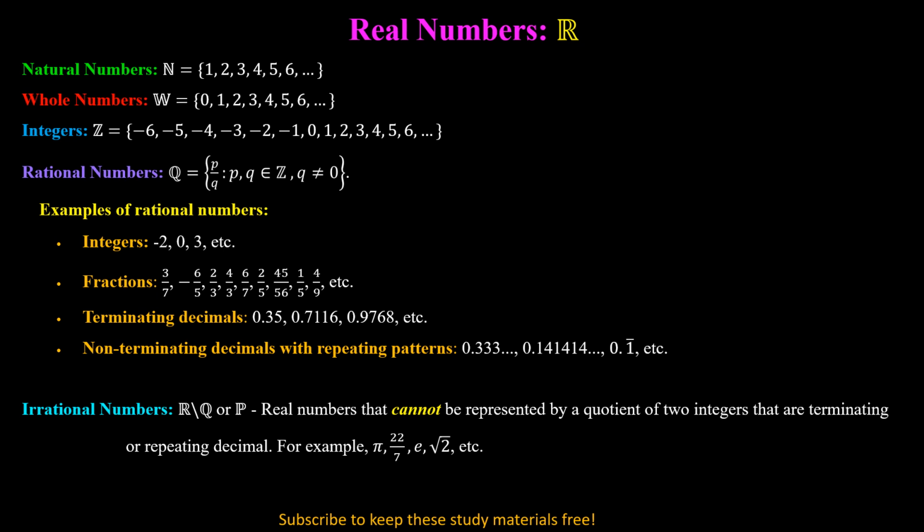And of course, then we have the integers, and then encompassing all three of those would be the rational numbers, which includes the following examples: integers, fractions, terminating decimals, non-terminating decimals with repeating patterns. And there are examples of all these numbers and values. Then we move on to the irrational numbers.